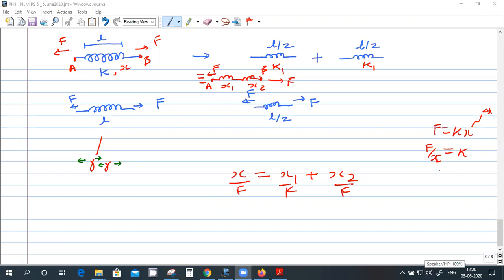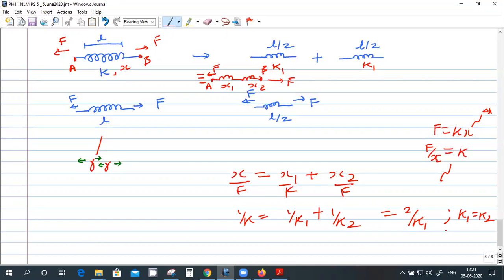From this one, what do you get x by F as? 1 by K, right? So this is 1 by K1 plus 1 by K2, which is equal to 2 by K1 because K1 equal to K2 by symmetry. They are equal halves. So K1 is 2K. So when I make the spring smaller, it is going to be more tight.